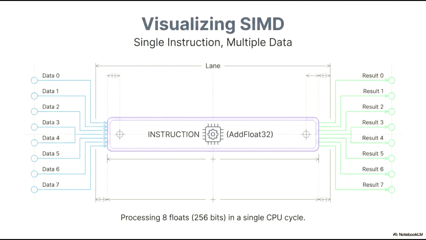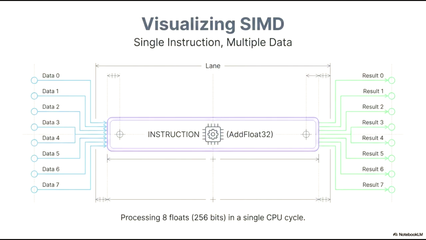Single Instruction Multiple Data, or SIMD, is a parallel processing architecture that enables a CPU to perform the same operation on multiple data points simultaneously. In this visualization, we observe 8 individual 32-bit floating point values, labeled data 0 through data 7, entering a single processing lane. Rather than executing 8 sequential instructions, the processor applies a single addFloat32 instruction across all data points at once.